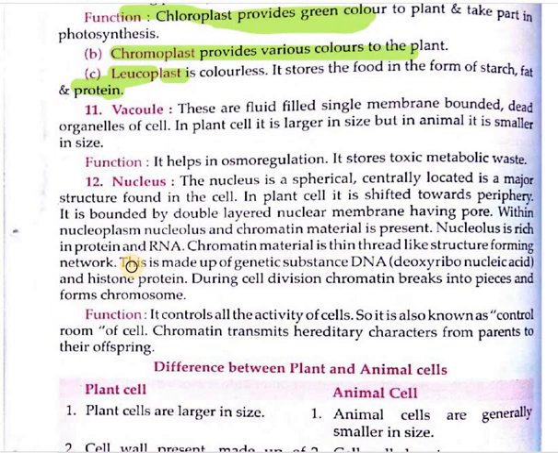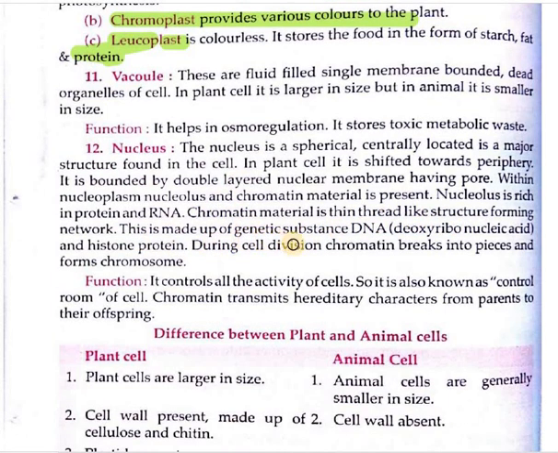Nucleolus is made up of protein and RNA. Chromatin material is a thin thread-like structure forming a network. It is made up of the genetic substance DNA and histone protein.